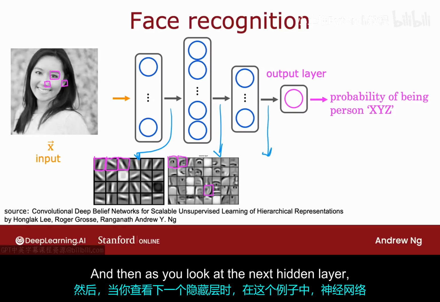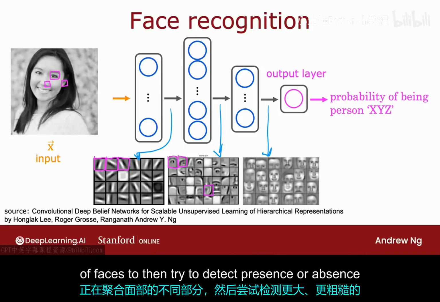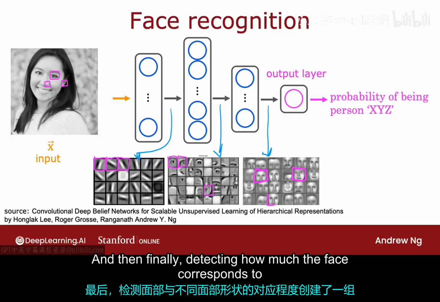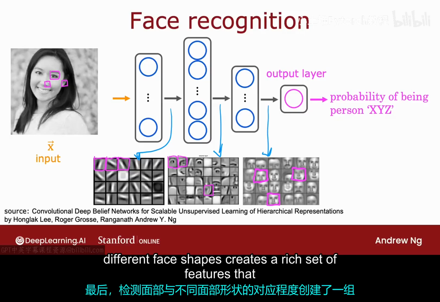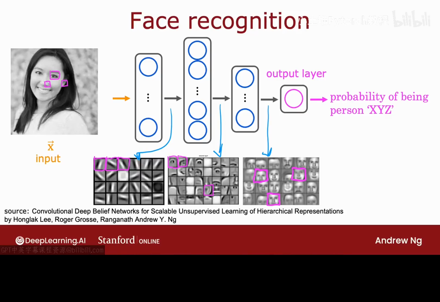And then as you look at the next hidden layer, in this example, the neural network is aggregating different parts of faces to then try to detect the presence or absence of larger, coarser face shapes. And then finally, detecting how much the face corresponds to different face shapes creates a rich set of features that then helps the output layer try to determine the identity of the person pictured.